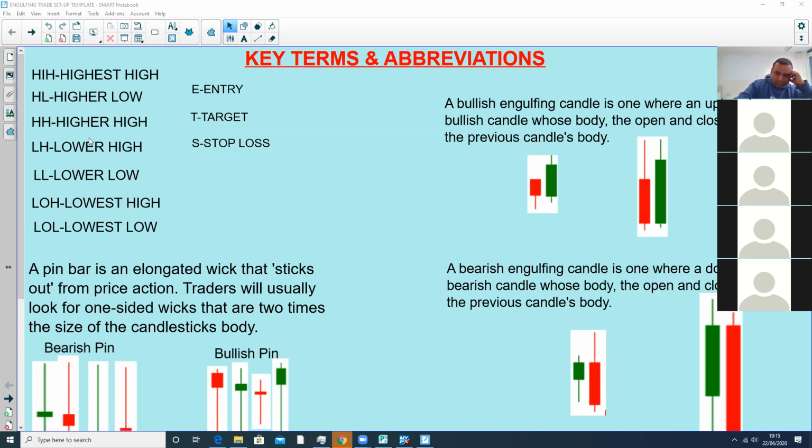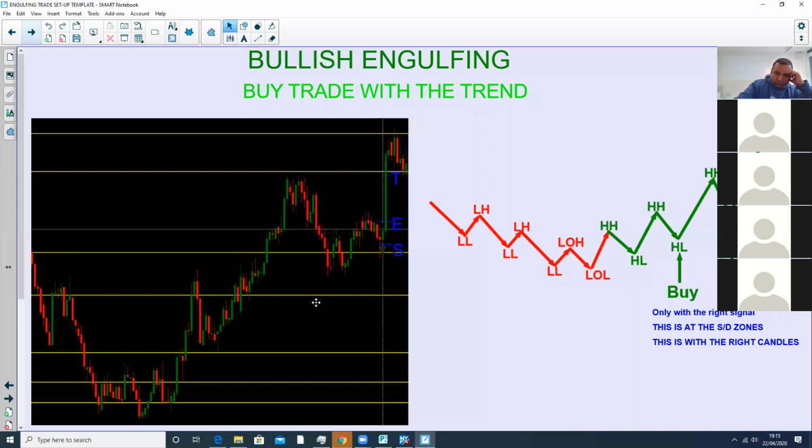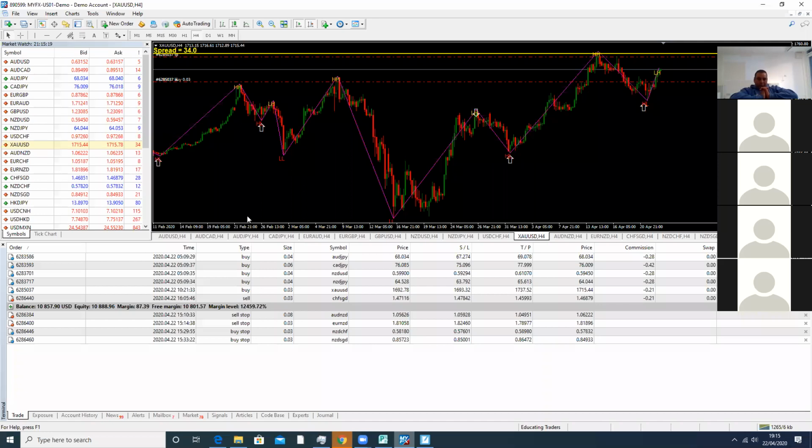Now, the next bit I'm looking at is what we call supply and demand zones, okay? I'm just going to show you the start of the journey. Say, for example, let's look at the Euro Aussie.